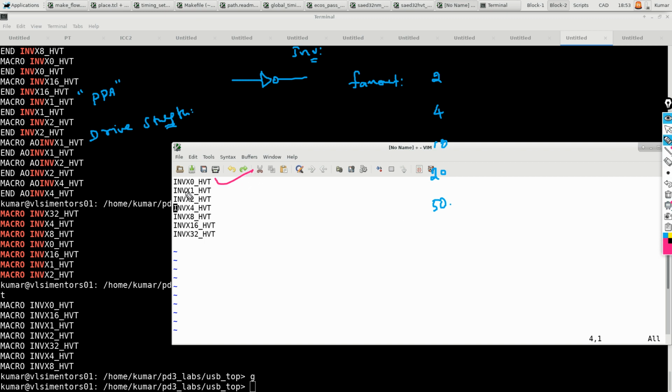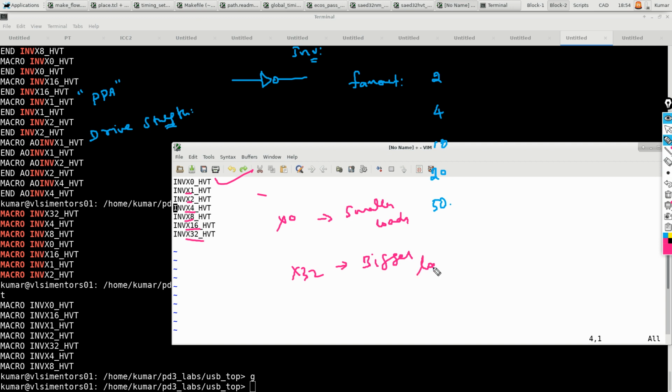You see here you have got x0, x1, x2, x4, x8, x16, and x32. You have got different inverters with different sizes. That means x0 can drive smaller loads, and x32 can drive bigger loads.